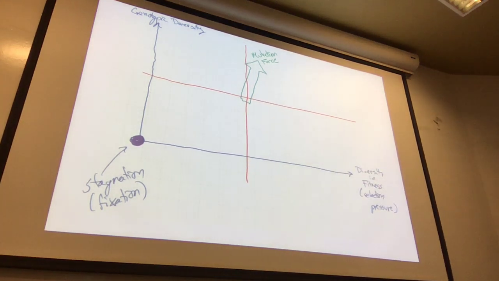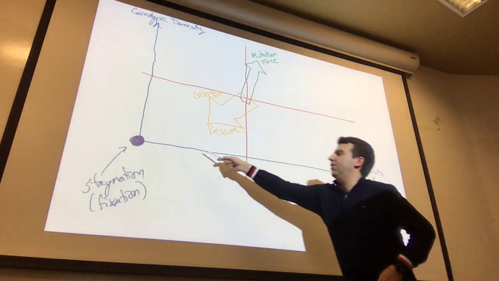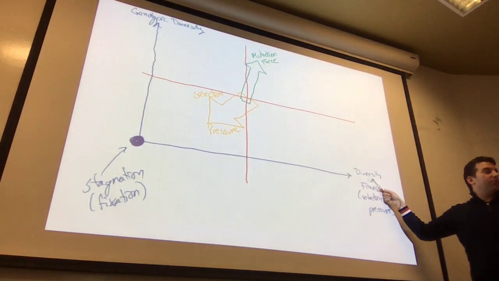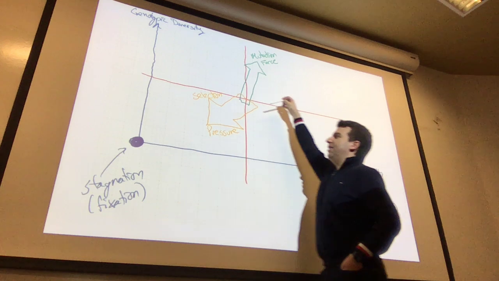Now, you've got selection pressure, that is moving more, say, in this direction. So I'll call this selection pressure. The strength of that pressure is along this coordinate, but the direction it moves things is down this way.